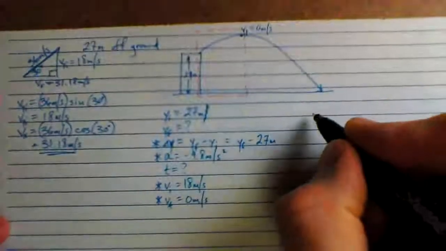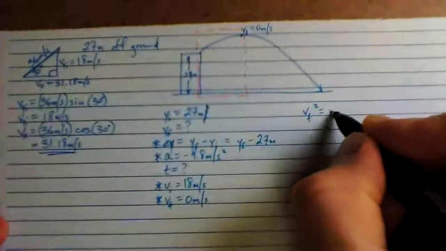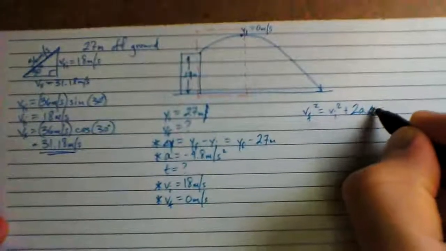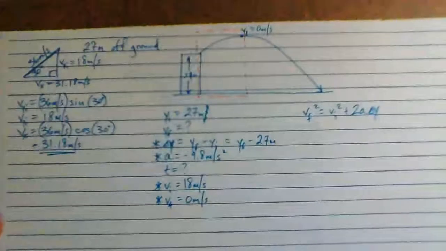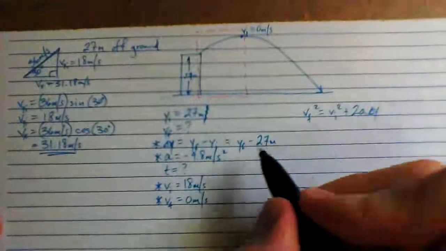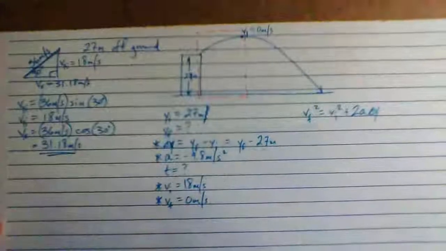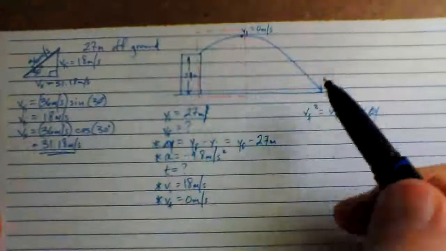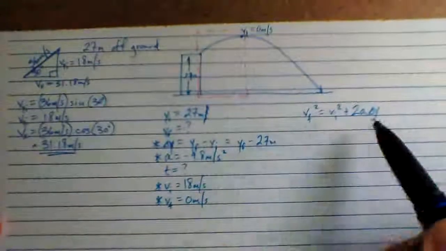All right, so I'm going to say Vf squared equals vi squared plus 2a delta y. At this point, I want to bring up something. Do we have delta y in terms of anything else? Yes. So if I want to know my final height, I'm going to plug this in for delta y.